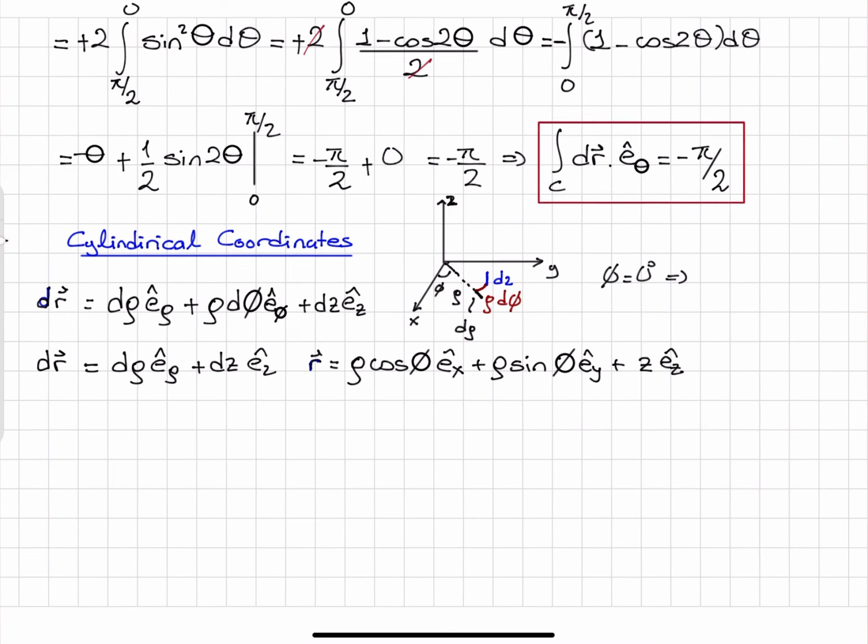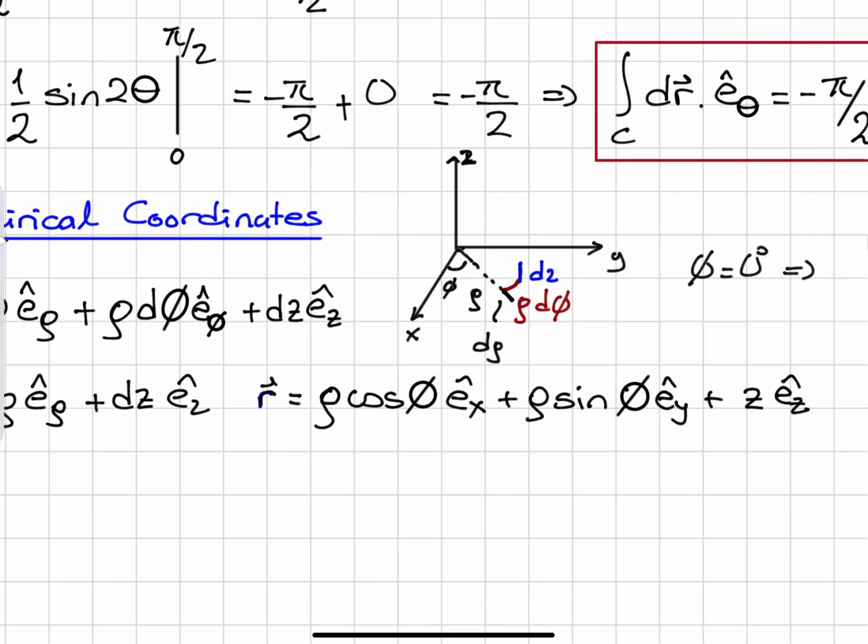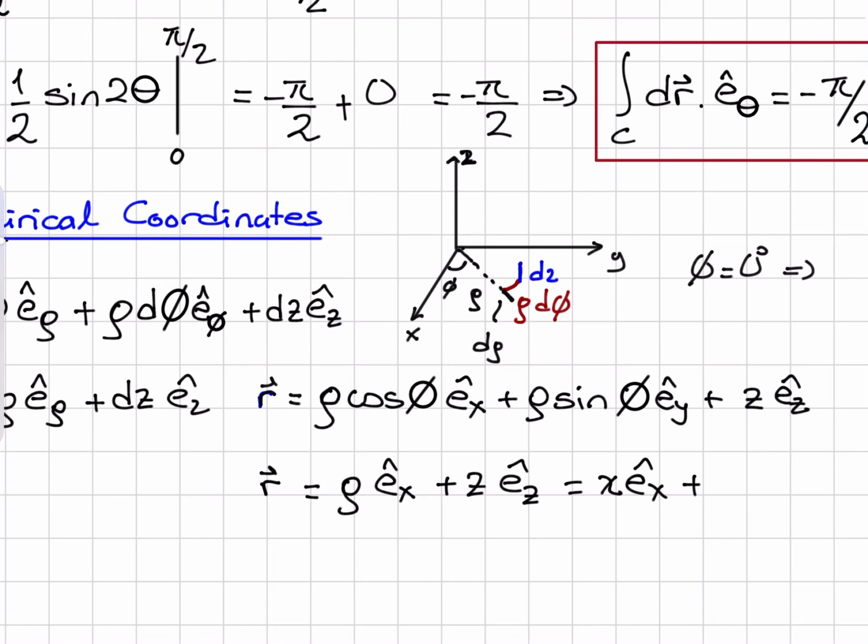With phi equal to 0, this is going to become rho in ex hat direction and z in ez hat direction. Now this position vector is also equal to, using Cartesian coordinates, x ex hat plus z ez hat, and y is equal to 0, remember.